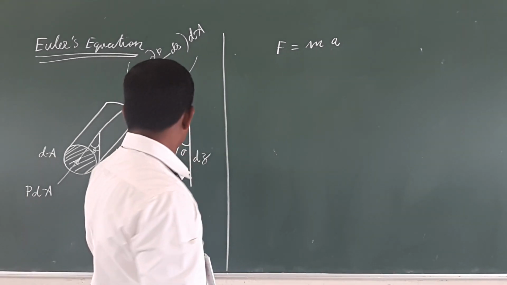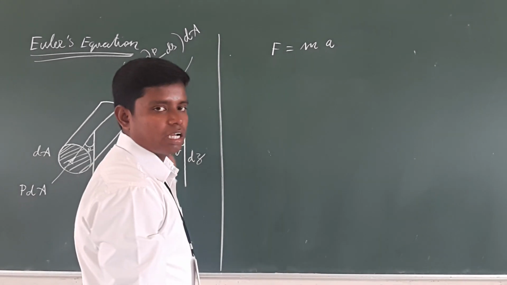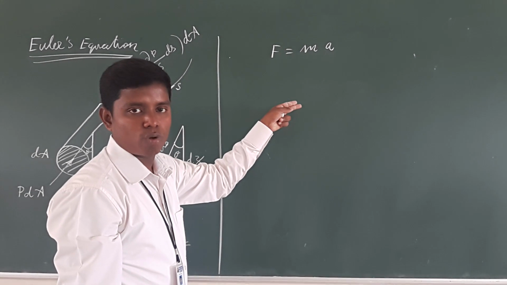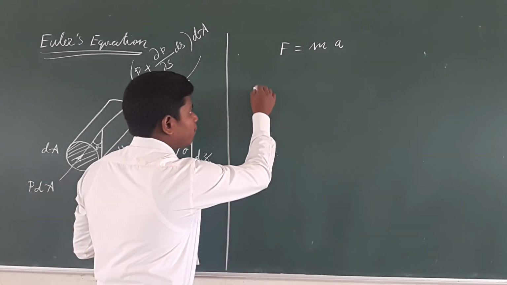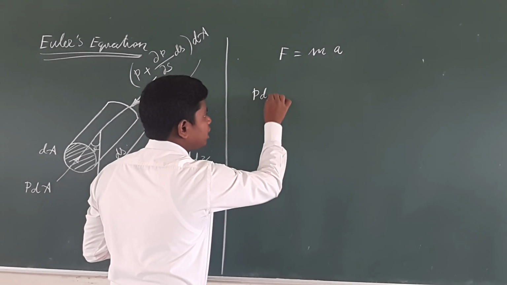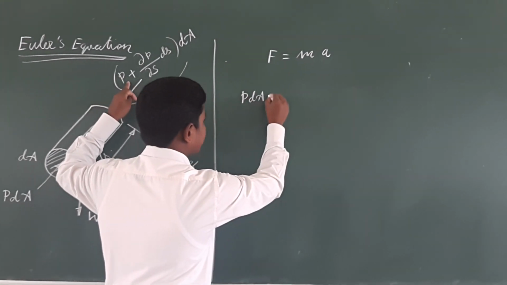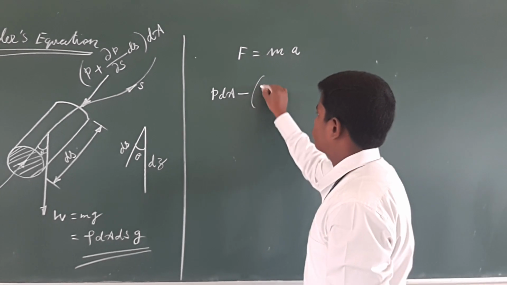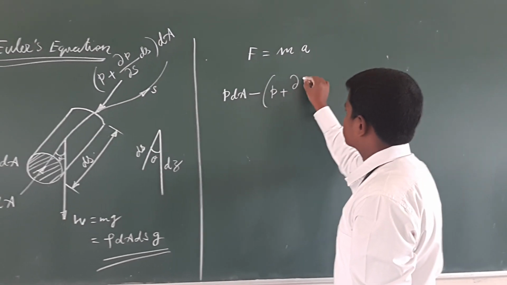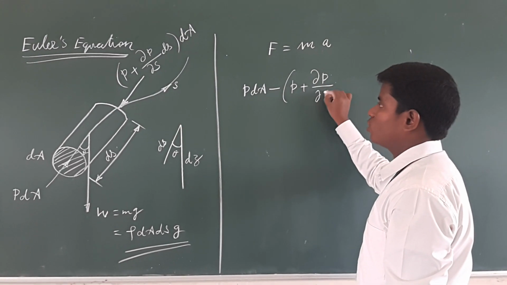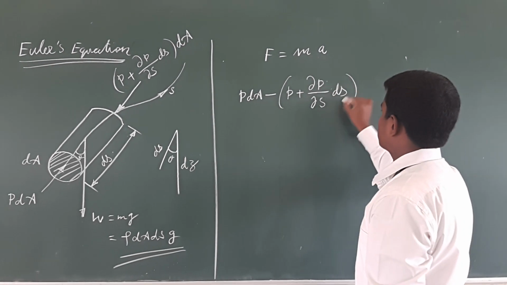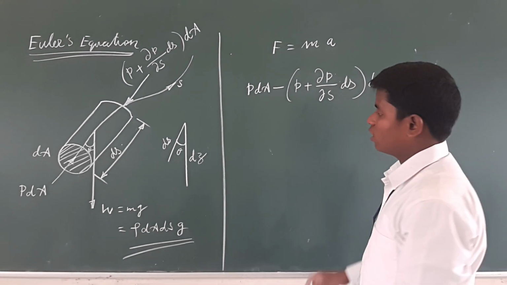Let us consider the forces acting in the direction of flow as positive. So, P dA. This force is acting opposite to the flow direction: minus of P plus dou P by dou s into ds, of dA.